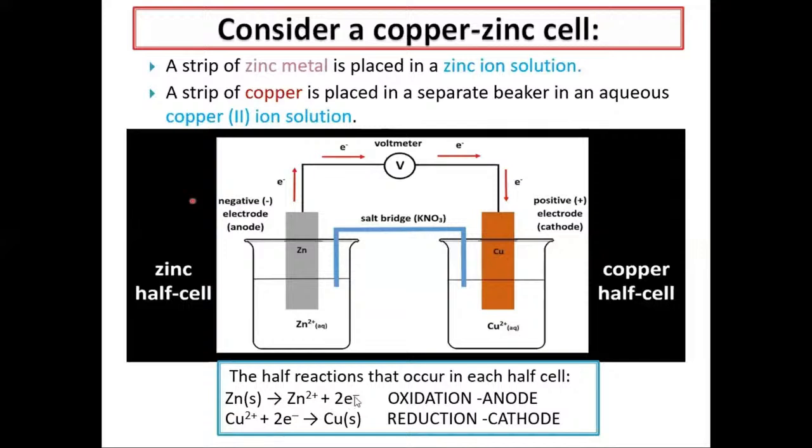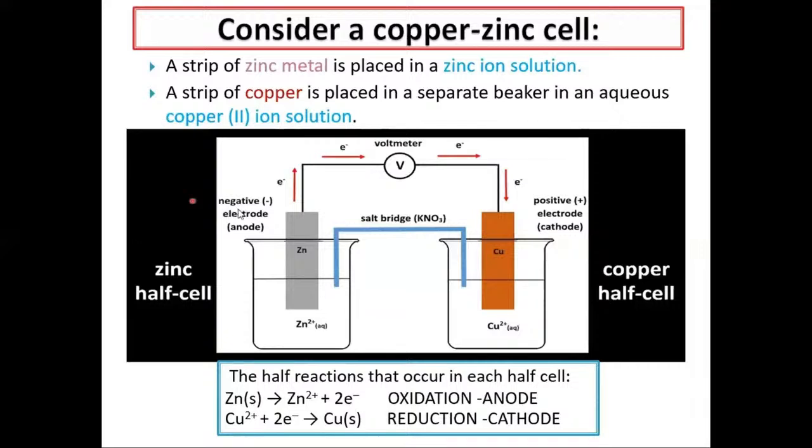And then copper is going to receive these electrons. It is a copper solution. It's going to receive the electrons from zinc, and then it forms copper. There is something to be noted here. If zinc dissolves to give zinc ion plus electrons, it means that the zinc electrode reduces in size.